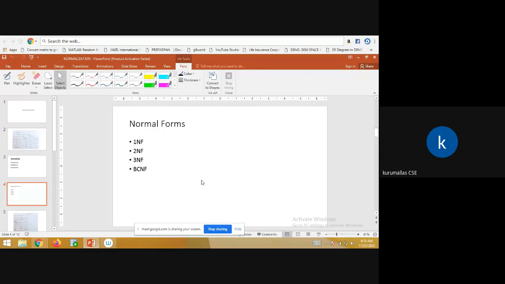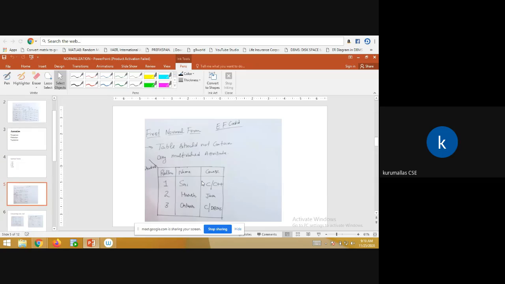First normal form, second normal form, third normal form, and BCNF, which is also called Boyce-Codd normal form. In first normal form, the table should maintain atomic values, so an attribute should not contain multi-valued attributes. That is the principle of first normal form.